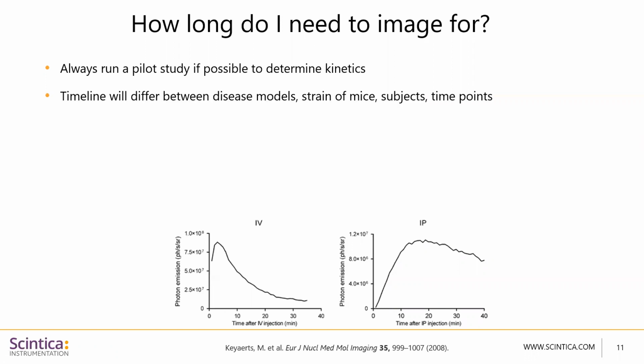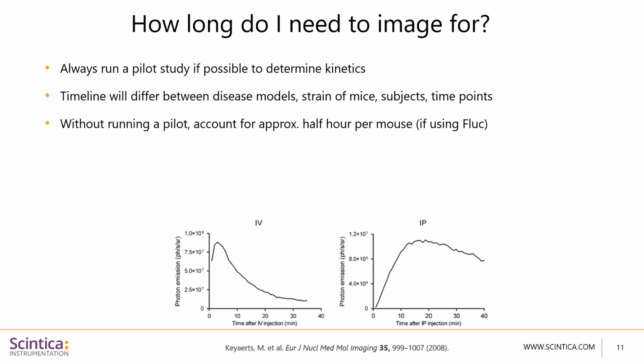The reason being, the timeline is going to differ between nearly every variable you throw into your study: between disease models, between the strain of mice, and even within that strain, maybe you have 5 or 6 animals within a study, you're going to have variability between subjects. You're also going to have variability between time points. As that disease model progresses, maybe it's an aggressive tumor model, your substrate availability is going to change, and so the kinetics of your signal is also going to change.